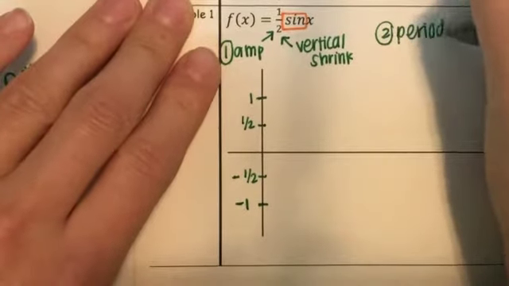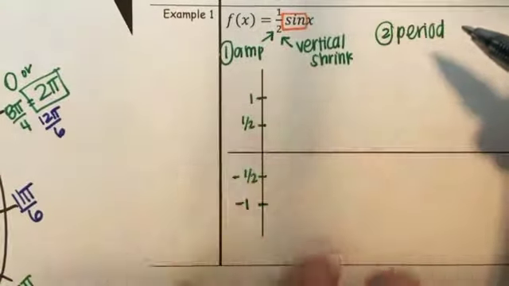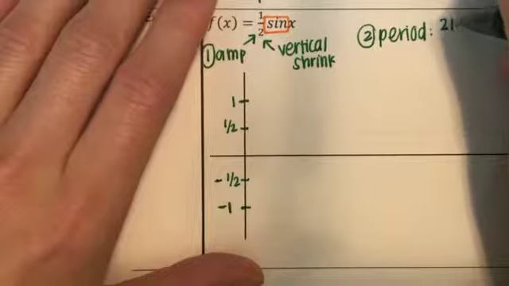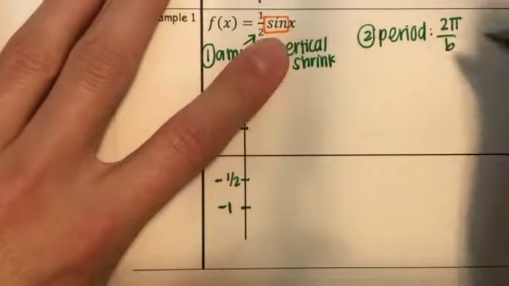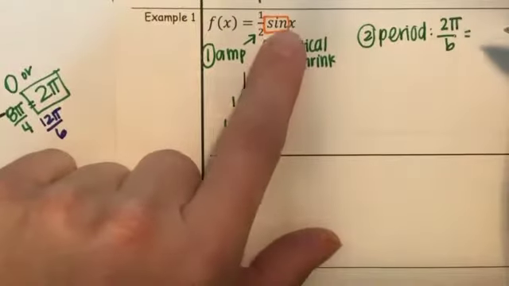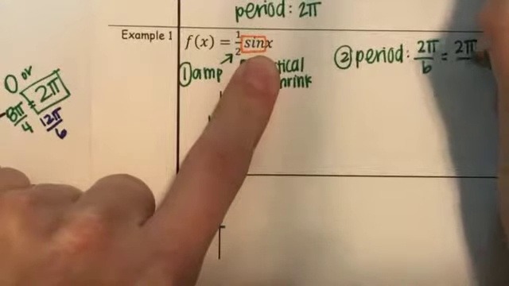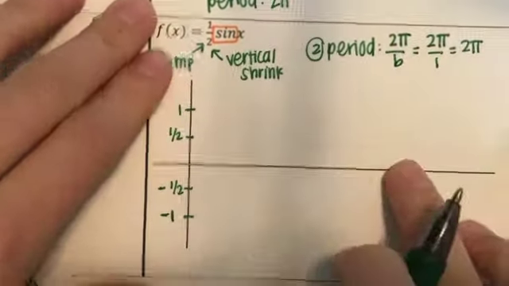How am I going to label this x-axis using those 5 tick marks? To figure out the period, it's a formula, 2 pi divided by b. Whatever your b value is, you plug it in. My b value is 1 because there's no number in front of x. So it's 2 pi over 1, which is 2 pi. So I'm going to have that period of 2 pi.